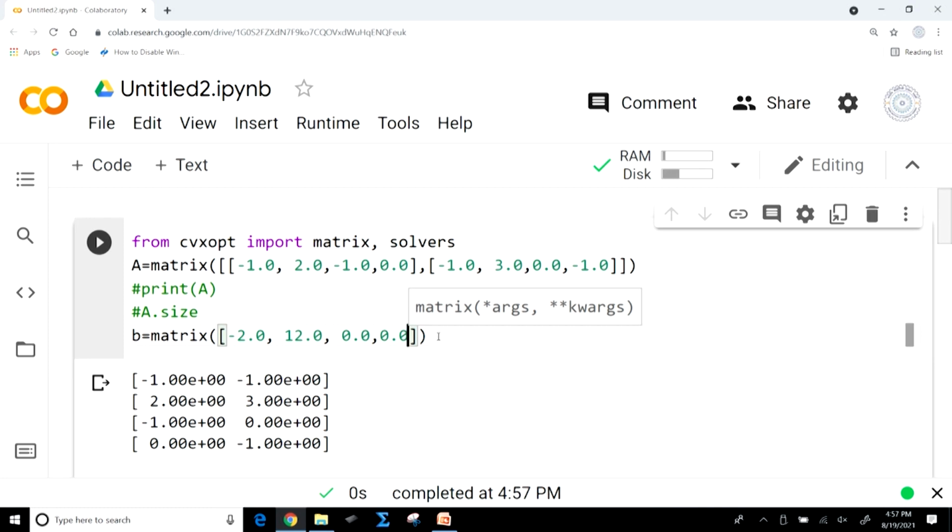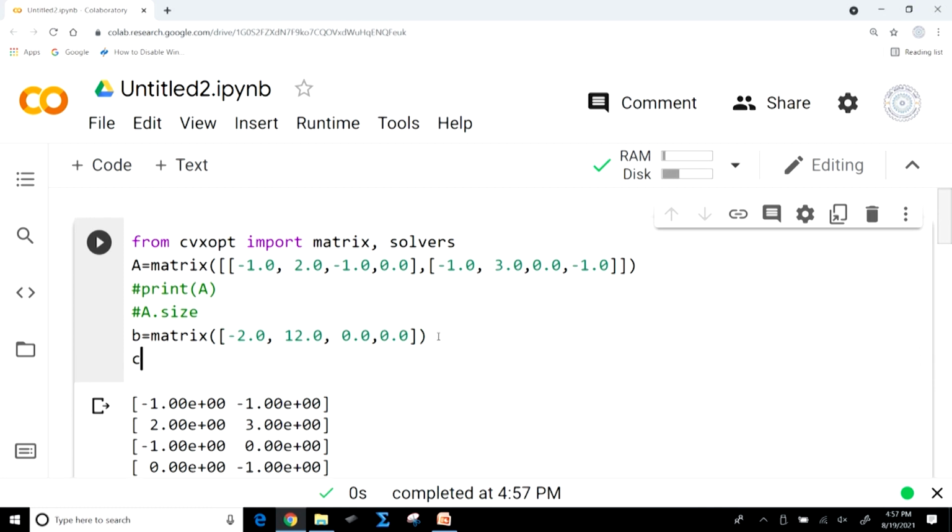Then C you will write. C is again a matrix, and this is given by 2 dot 0 and 3 dot 0. So, first of all you feed all the entries of the given matrices capital A, B and C.